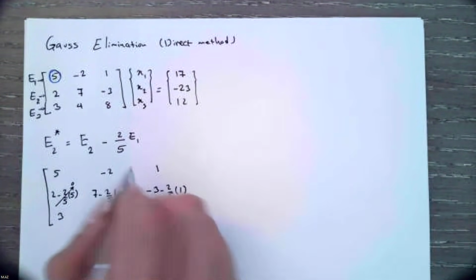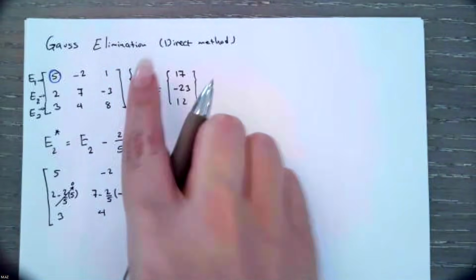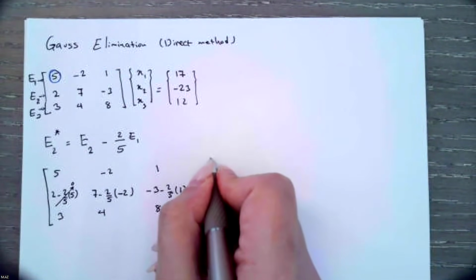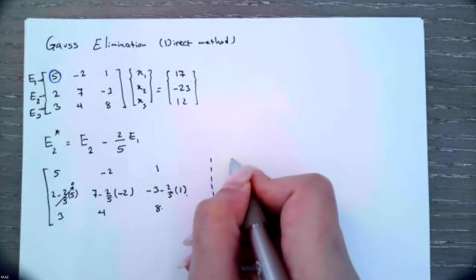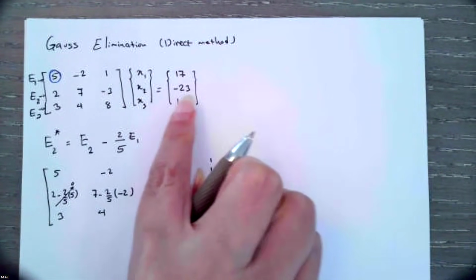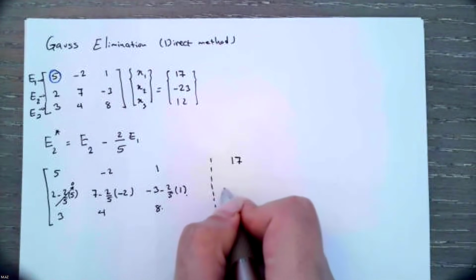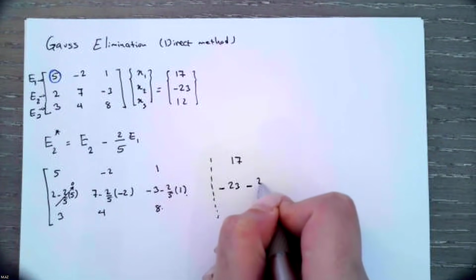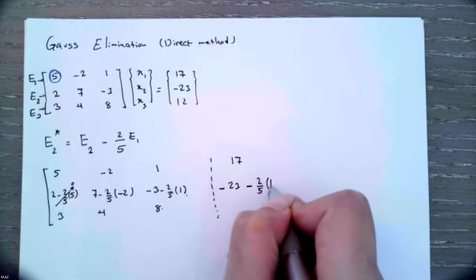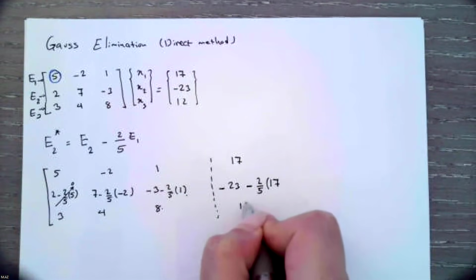Okay, this is about the matrix A. This part doesn't change. And how about the right-hand side? This means the B. We have 17, minus 23, negative 2 over 5 times 17, 12.